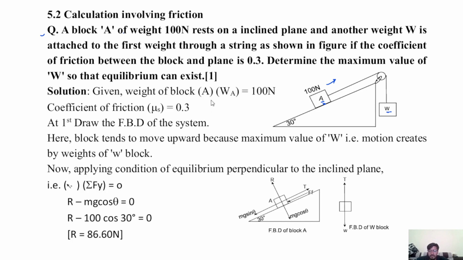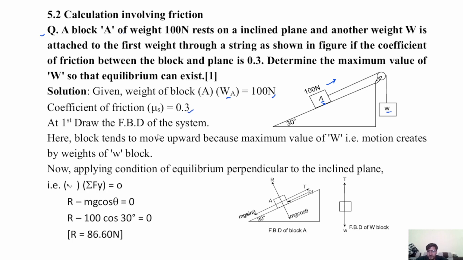Given the weight of block A, WA, is equal to 100 Newton, and the coefficient of friction mu s is equal to 0.3.